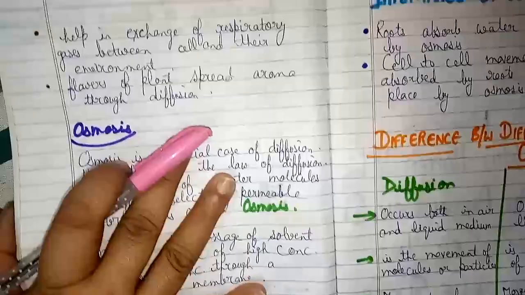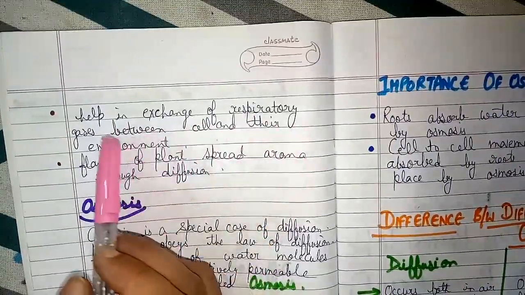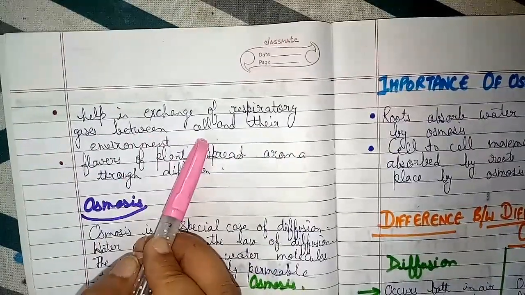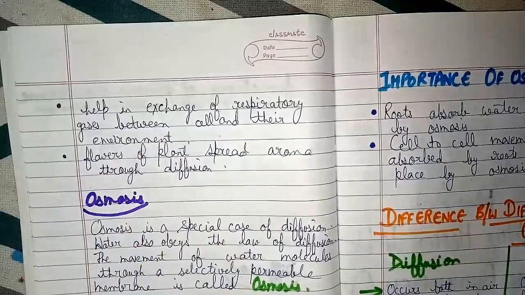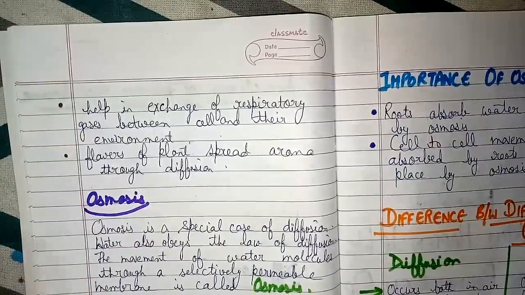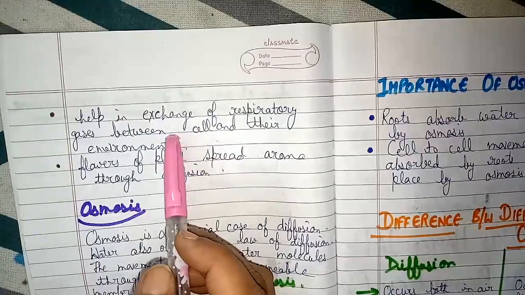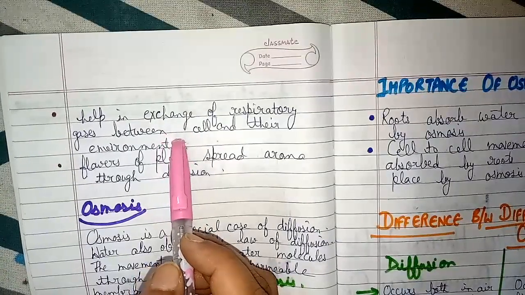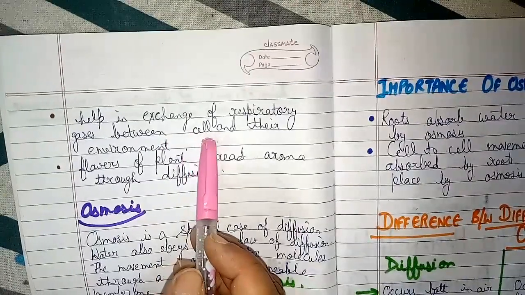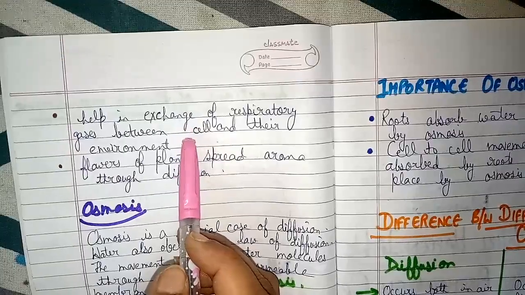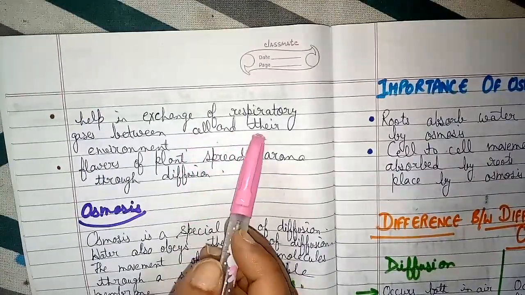Second, diffusion helps in the exchange of respiratory gases between the cell and its environment. During respiration, whenever we respire, we release carbon dioxide. Carbon dioxide is present in our body in higher concentration, that's why it goes outside of the cell.